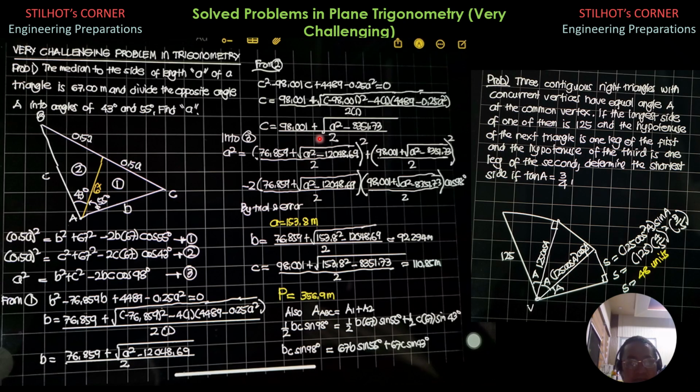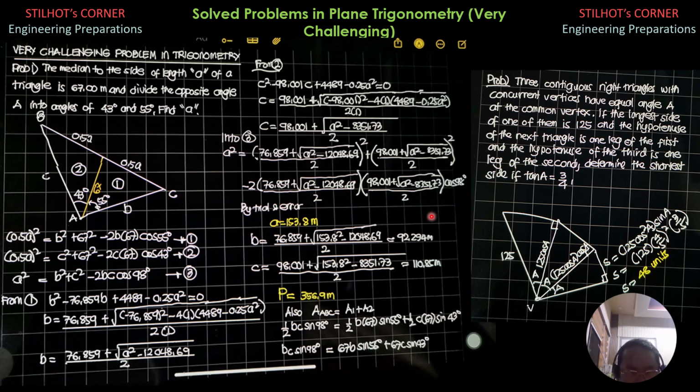So c is 98.001 plus the square root of a squared minus 8351.73, over 2.